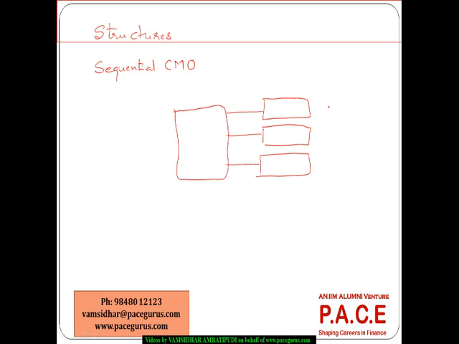The cash flows for tranche 1, tranche 2, tranche 3 are paid in such a way that there is a sequential retirement of these bonds. So this particular security will be paid off first, then it goes to the next, then the next. The interest payments would be done as per the agreement itself, but the principal repayment will typically happen faster to this group and much slower to this particular group.